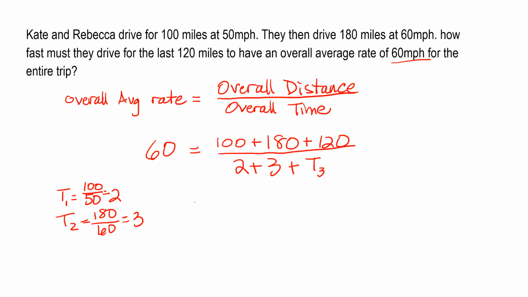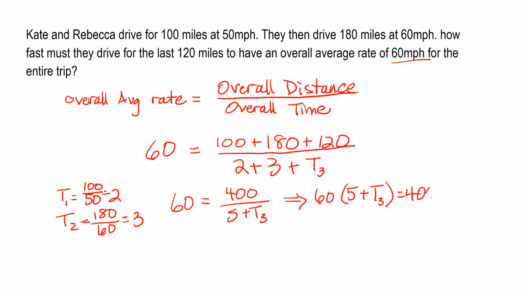All right, so if we simplify this a little bit, we've got 60 is equal to 400 over 5 plus T sub 3. And if we multiply both sides by 5 plus T sub 3, we're going to have 60 times 5 plus T sub 3 equals 400. So if we divide both sides by 60, we're going to have 5 plus T sub 3 is equal to 400 over 60.